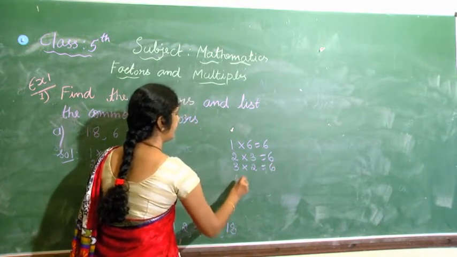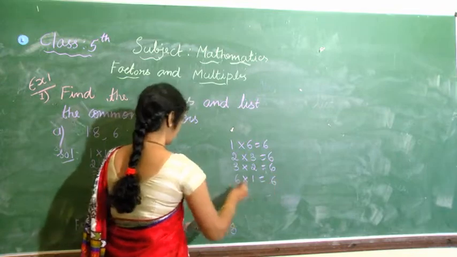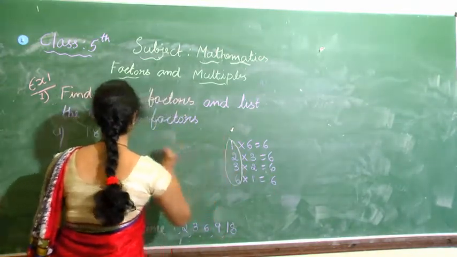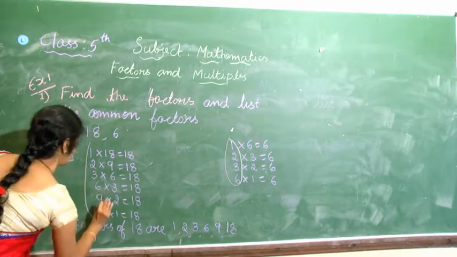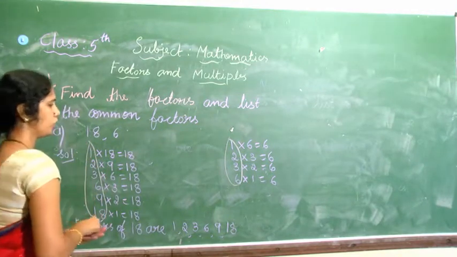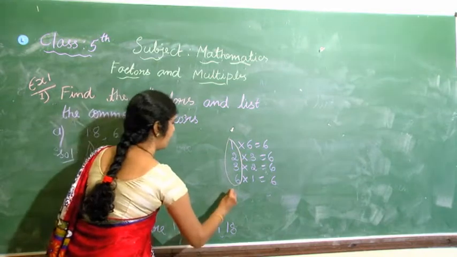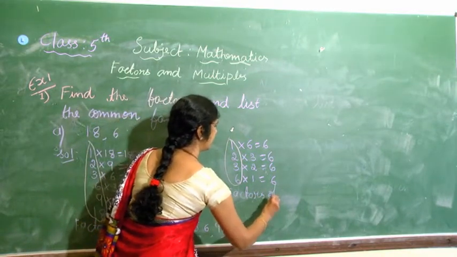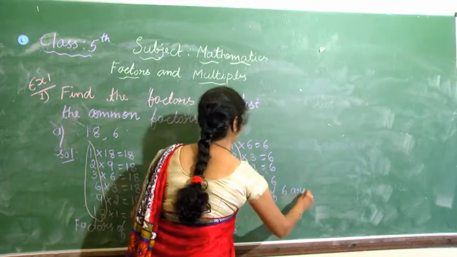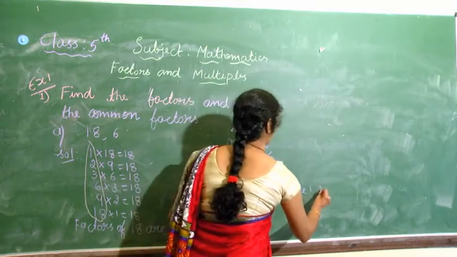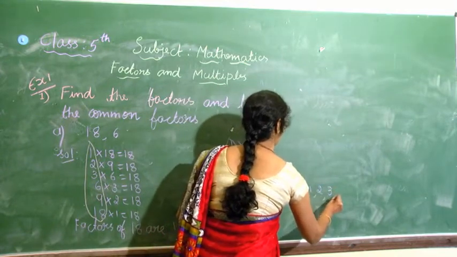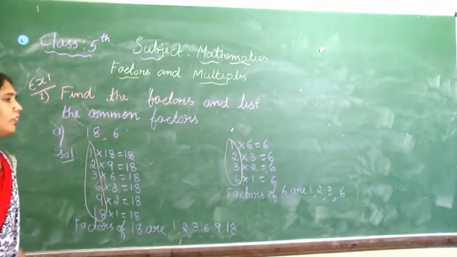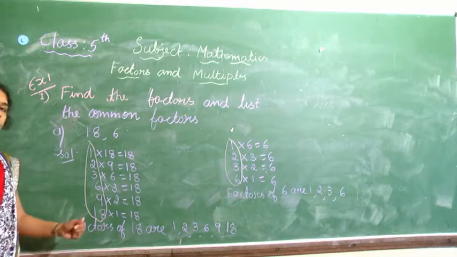Then directly the 6 table. So factors of 6 are 1, 2, 3, 6.